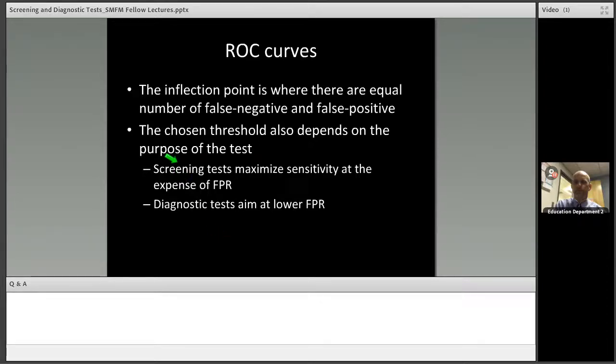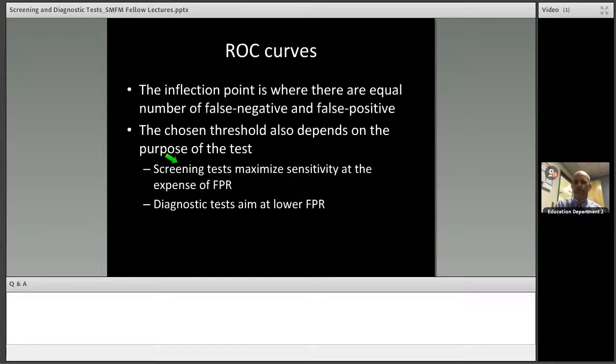So the inflection point is where there are equal number of false negative and false positive. However, the chosen threshold will depend on the purpose of the test. So for a screening test, for example, you want to maximize the sensitivity slightly at the expense of the false positive rate.